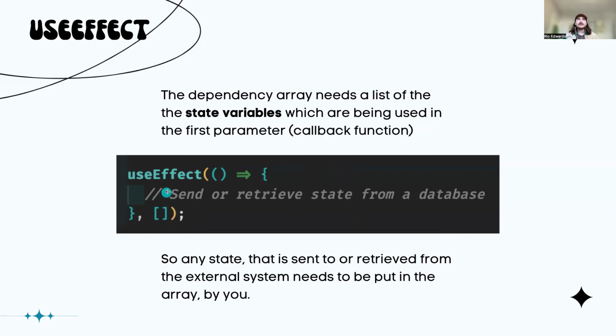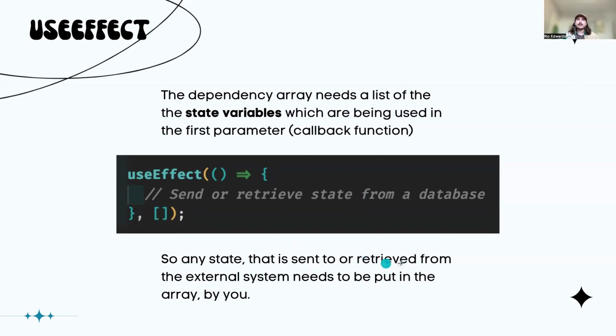So any state that we're using, either we're sending our React state to the database or we're retrieving React state from a database. Either way, if we want our React state to be synced up with whatever's in a database, then we need to put the state variables in this array here.